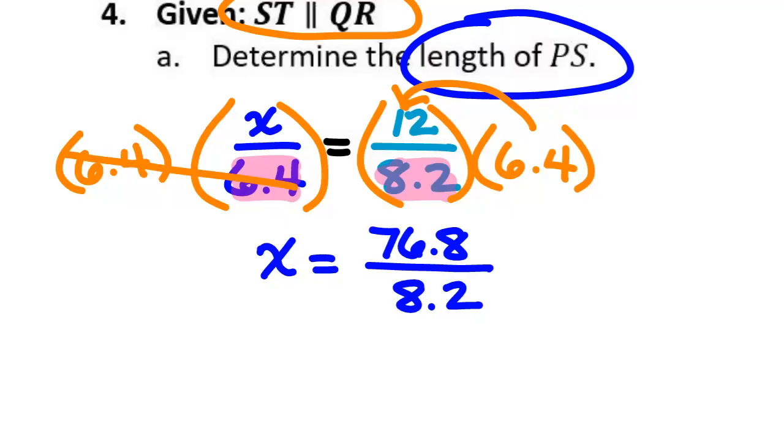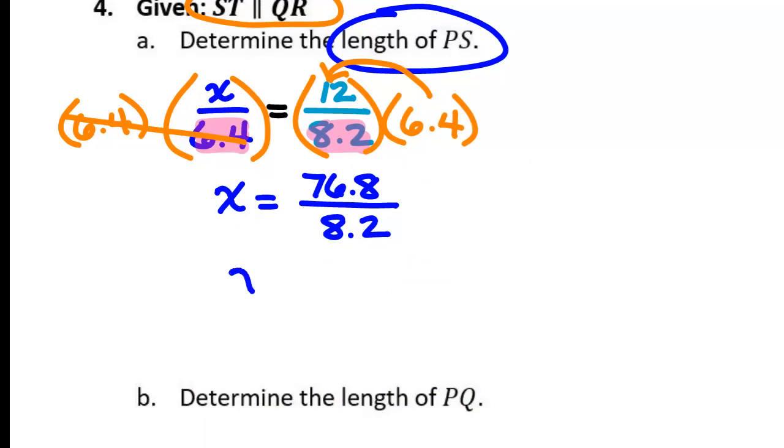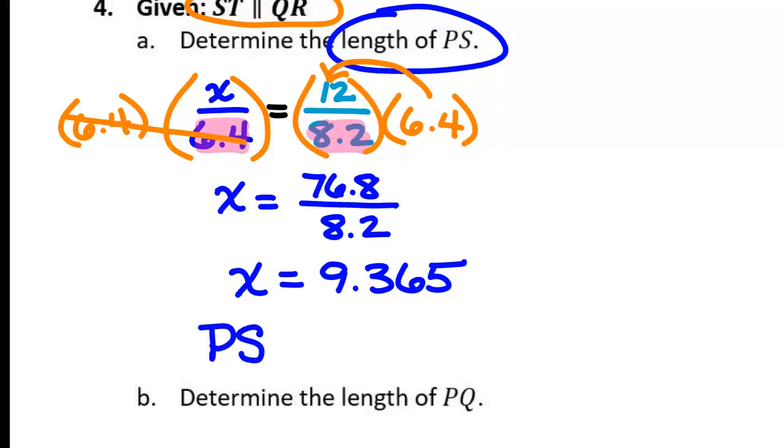So now we're going to take 76.8 and divide it by 8.2. And that gives us 9.365 if we take it out to 3 decimal places. We let X stand in for PS, so PS is equal to 9.365.